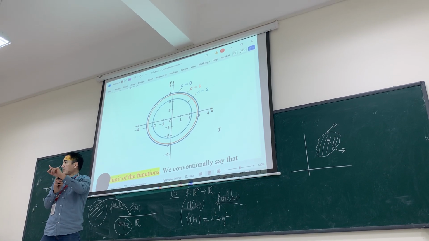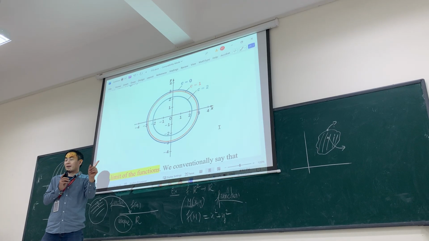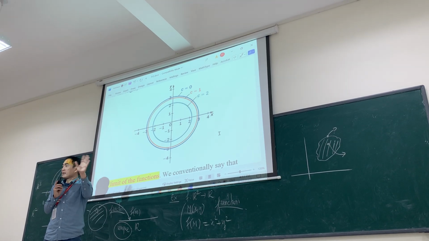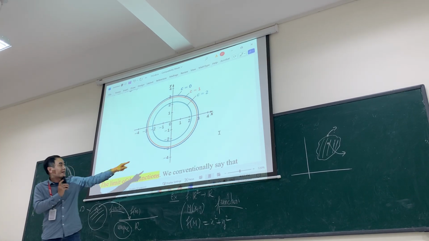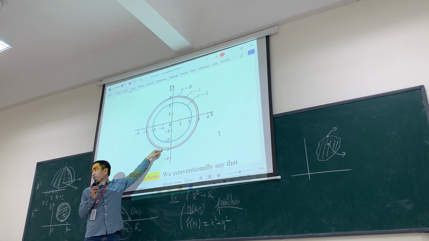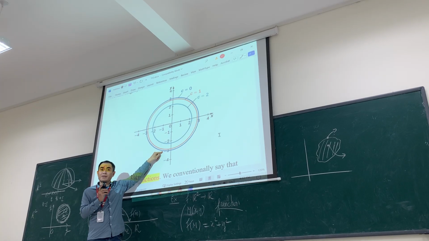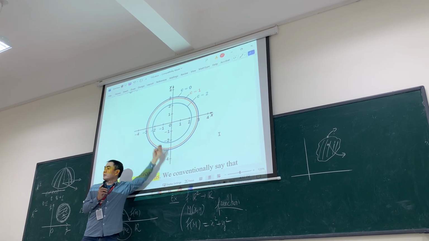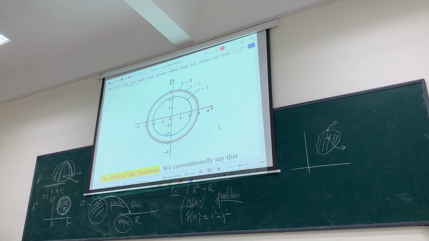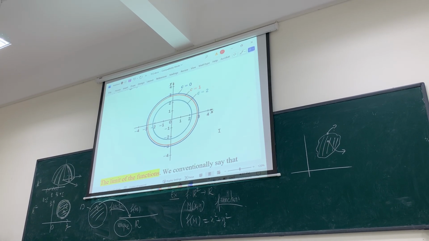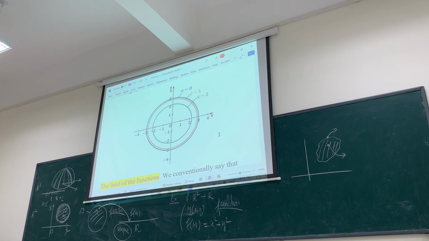X squared plus y squared equals 9 corresponds to a circle, the center is the origin and radius 3. Okay? You can see it corresponds to c equals 0. Similarly, you can express the level curve in two-dimensional space.